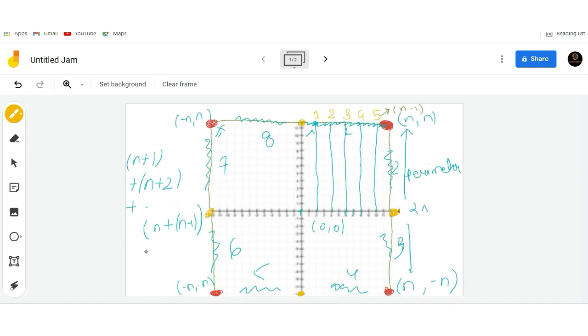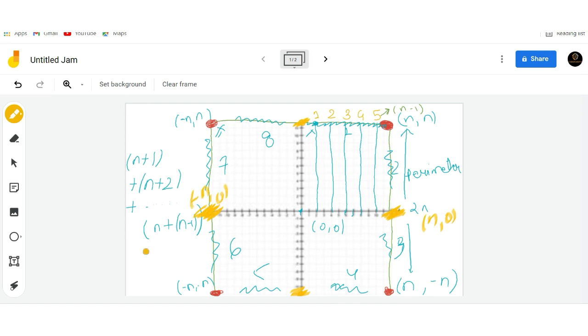Now, if we include these yellow points, these ones. Okay, so if we include this, what is our value here? Here it is n comma 0. Here it is minus n comma 0.